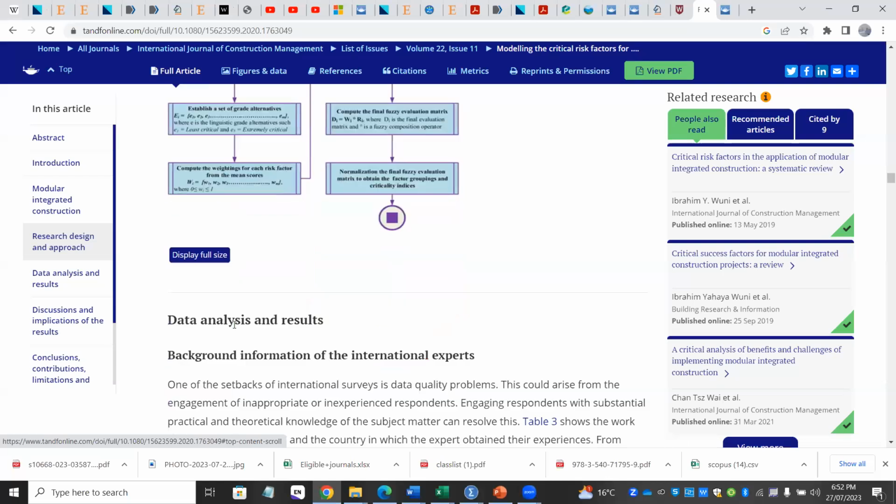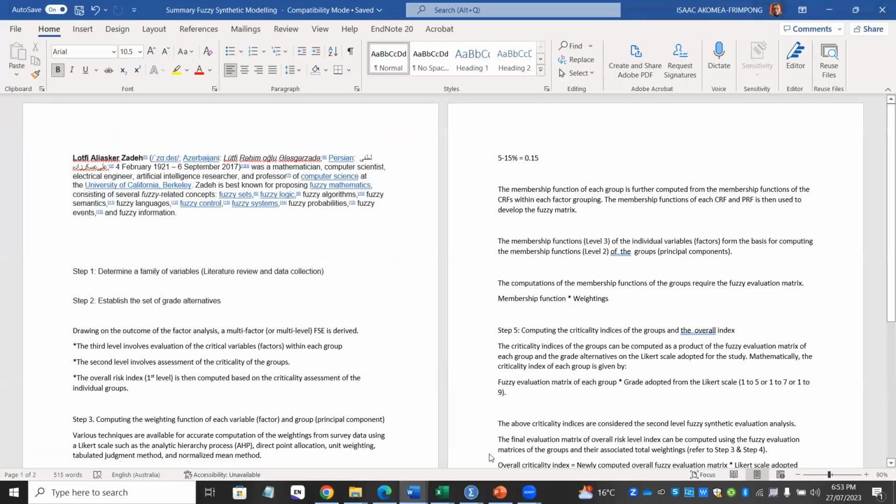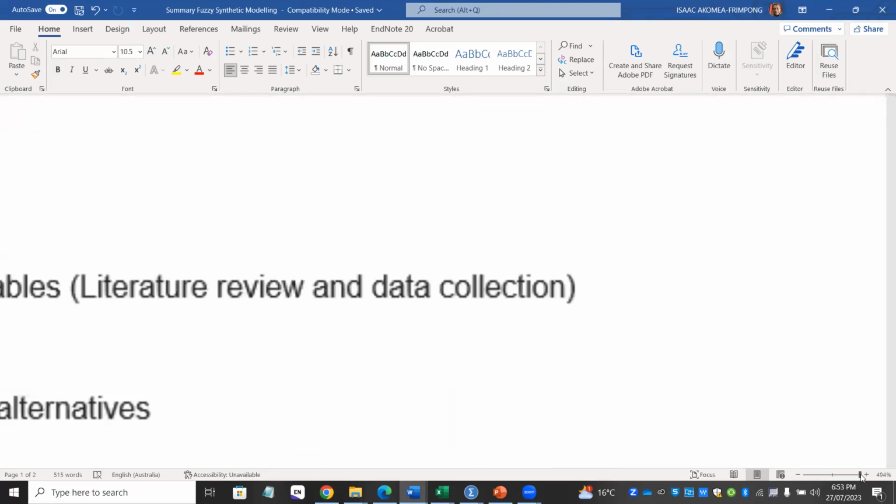So let's start going. Already I have put together something which is almost the same thing as what we just did. So first, determine a family of variables. In other words, determine your variables. So where do you determine your variables from? We have done this over and over again.